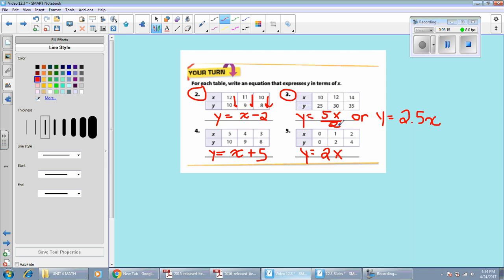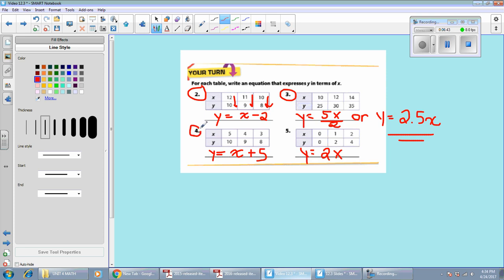Divide that answer by 2, and I got 25. 12 times 5 is 60, divided by 2, I got 30. 14 times 5 is 70, divided by 2 is 35. So originally I came up with that first equation, y equals 5x divided by 2. But really, you can write it as y is equal to 2.5 times x. So there's multiple ways to write these sometimes.